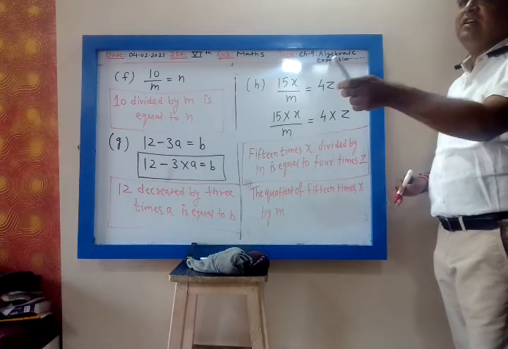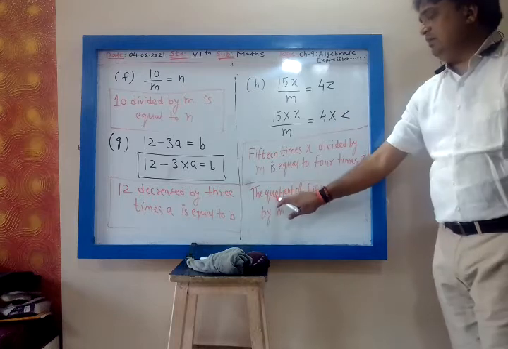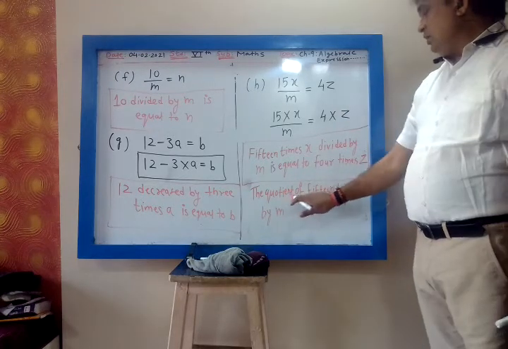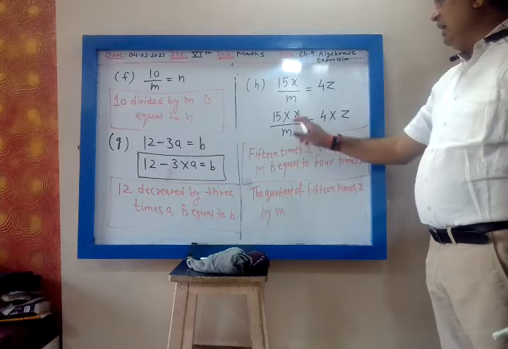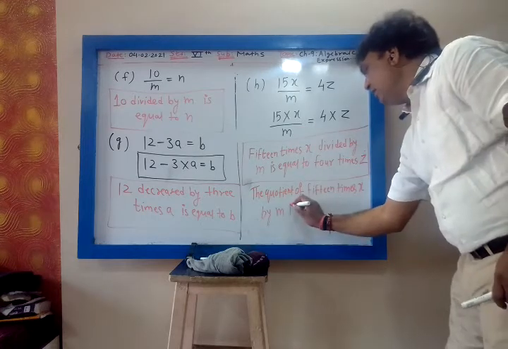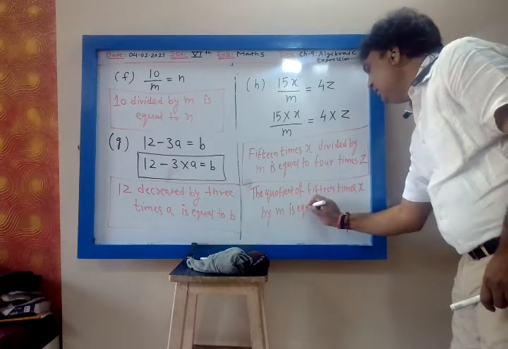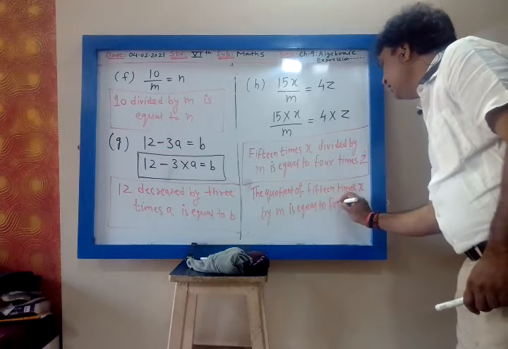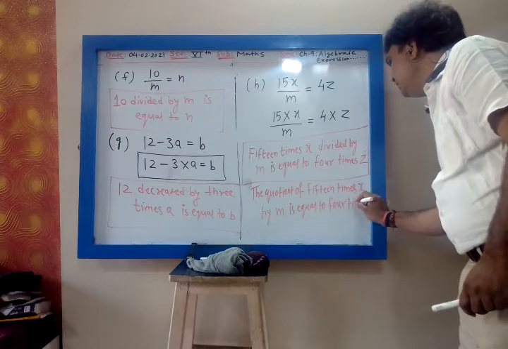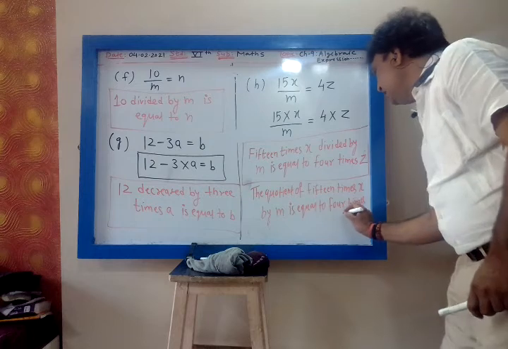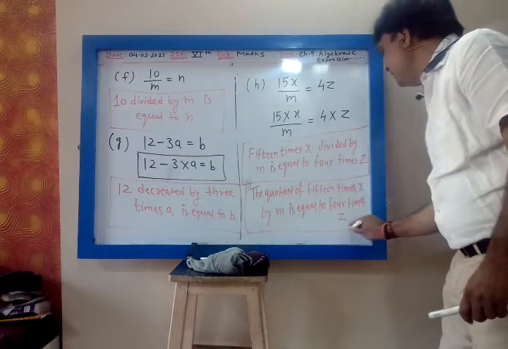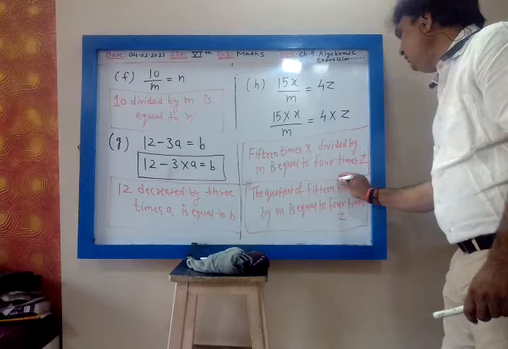We don't write divided by m, because I have already written the quotient. Quotient means divided. The quotient of 15 times x by m is equal to 4 times z. This is another answer.